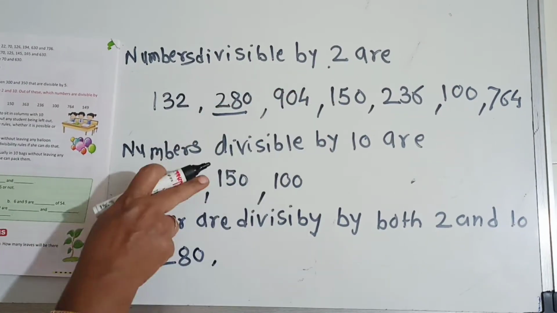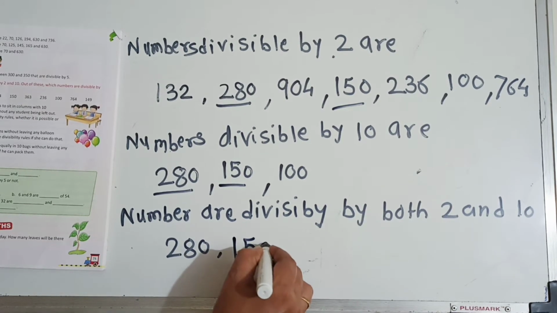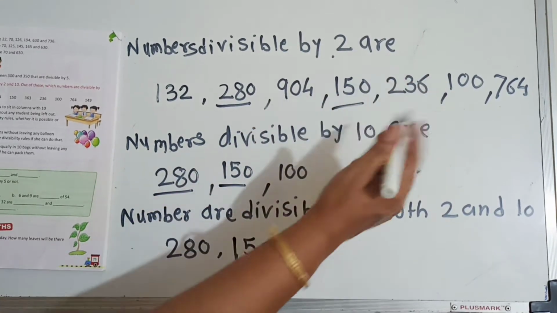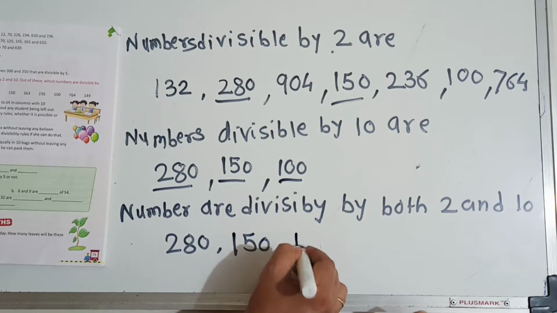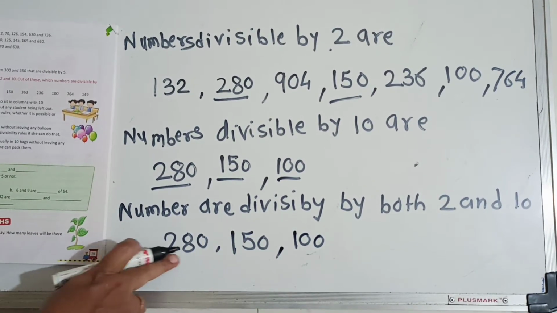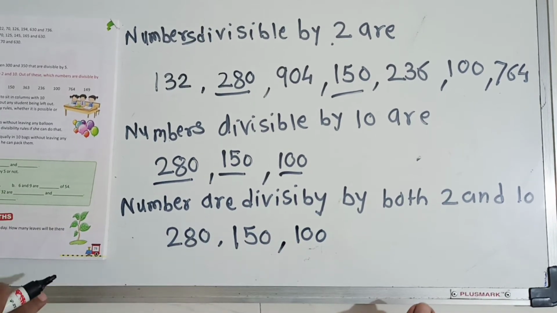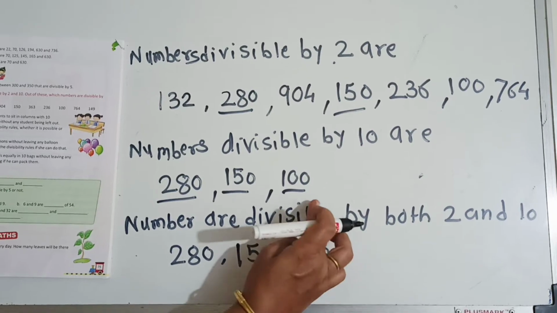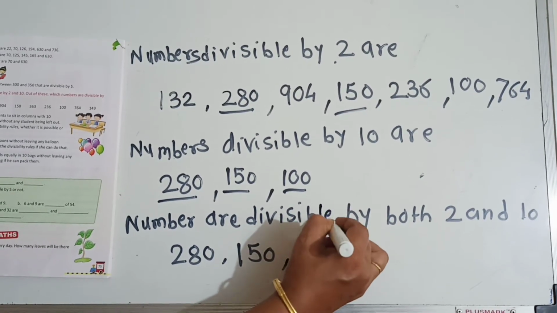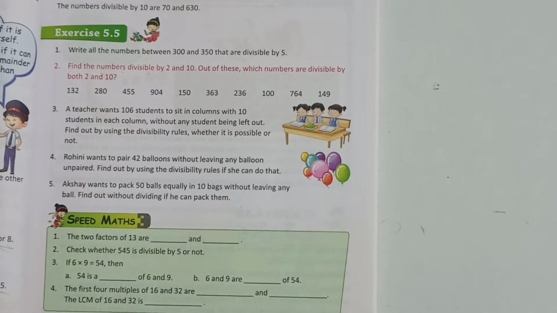Then 150, yes, this 150 is also divisible by 2 and 10. And 100, yes, this 100 is also divisible by 2 and 10. 280, 150 and 100, these numbers are divisible by 2 and 10.